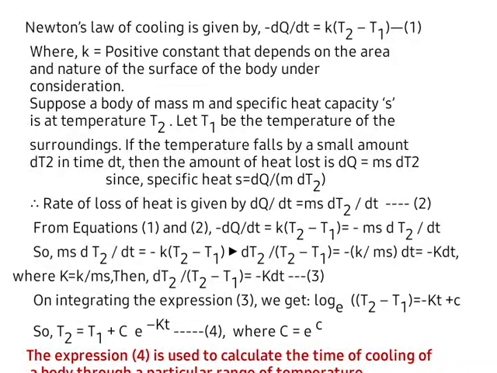Then T2 is equal to T1 plus C into e to the power of minus Kt, which is the expression 4. The expression 4 is used to calculate the time of cooling of a body through a particular range of temperature.